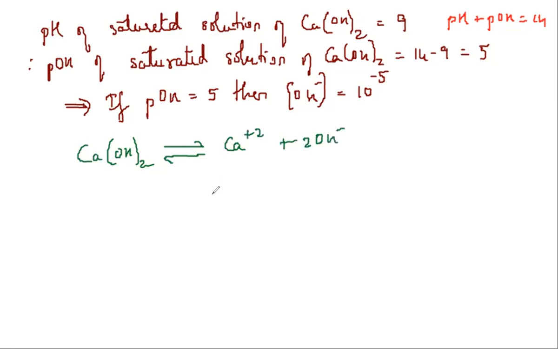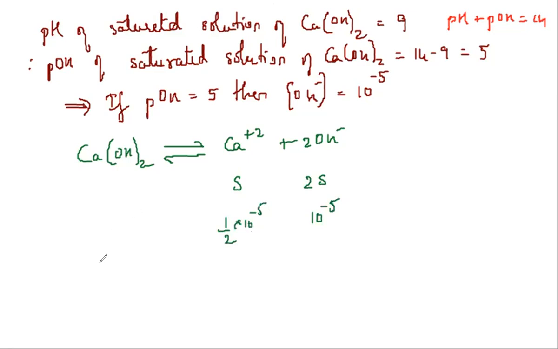If S is the solubility of calcium ions, then for OH minus it will be S with a coefficient of 2, so 2S. The calcium ion concentration is not given. So 10 raised to minus 5 is 2S. Then S is half of 10 raised to minus 5. Understood? Now find out the KSP.